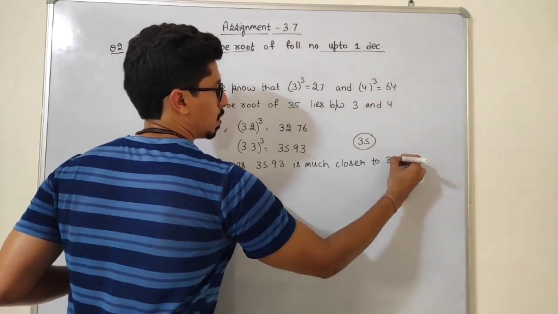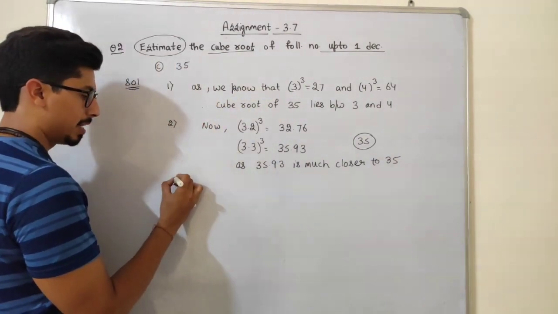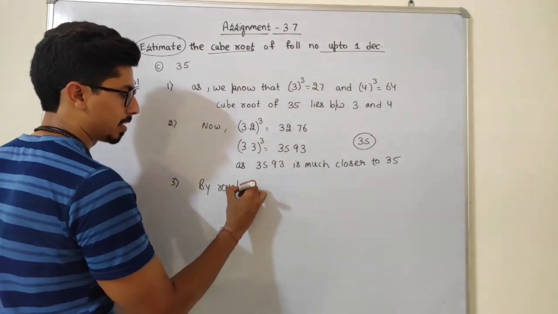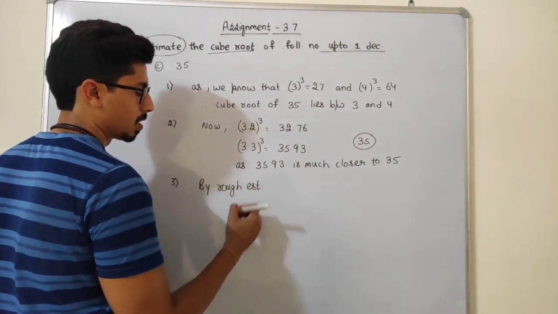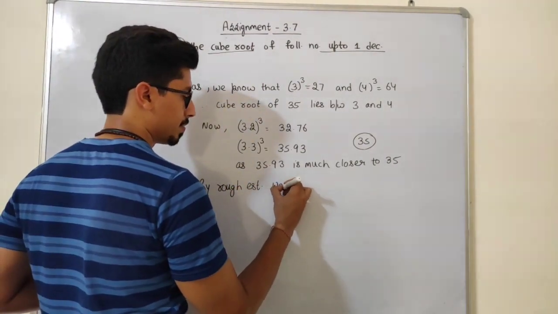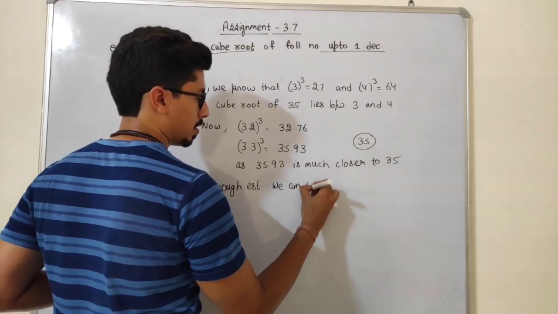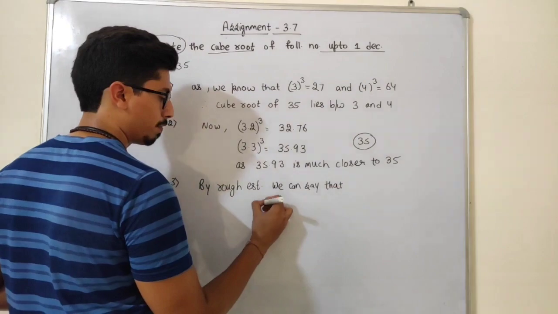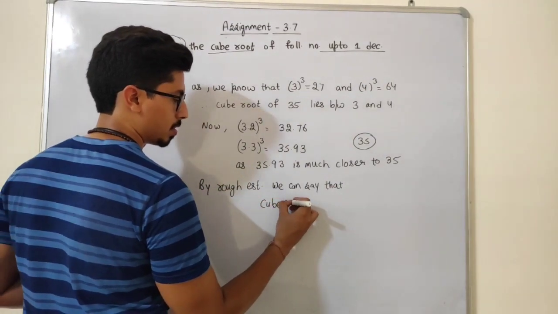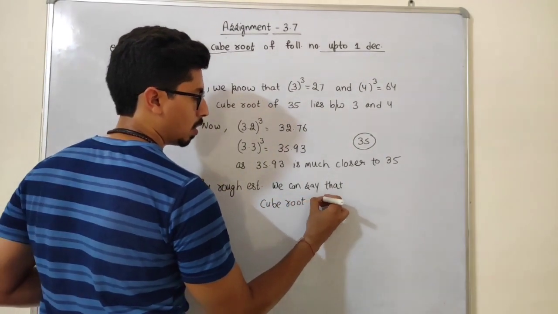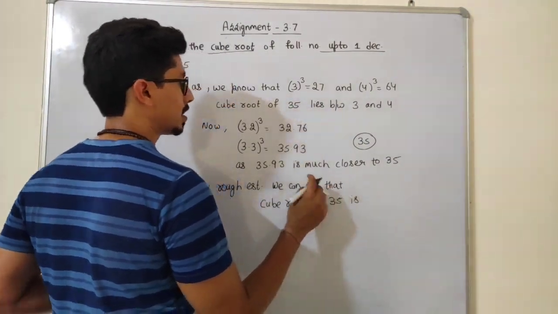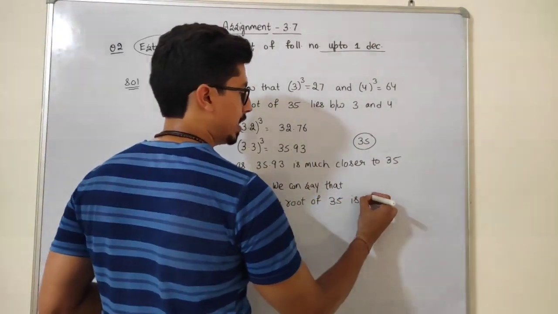So by rough estimate we can say that the cube root of 35 is 3.3.